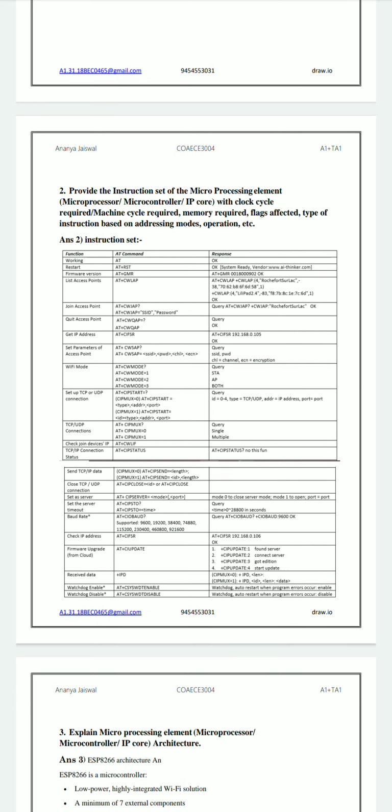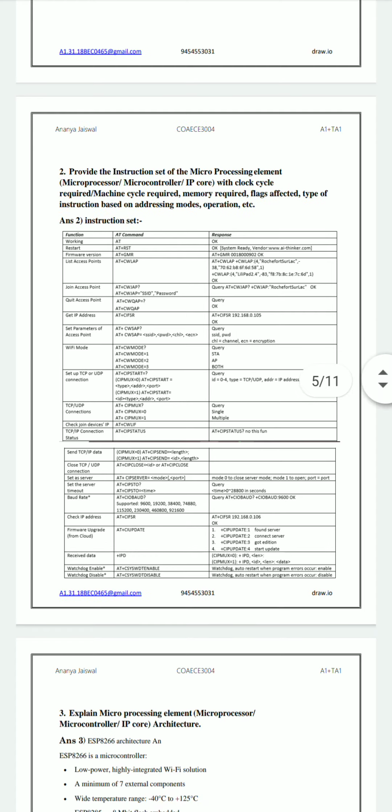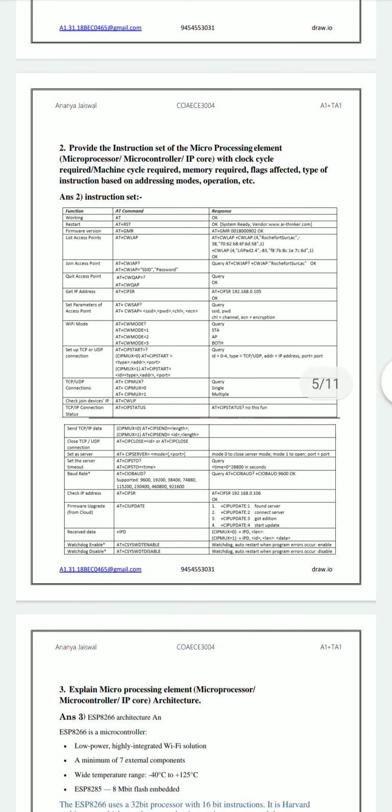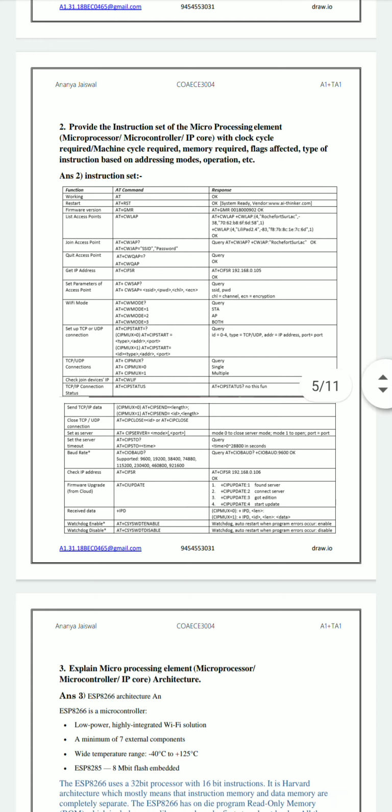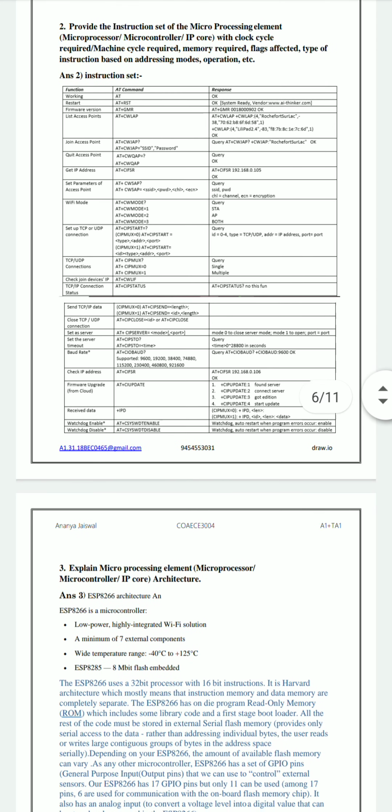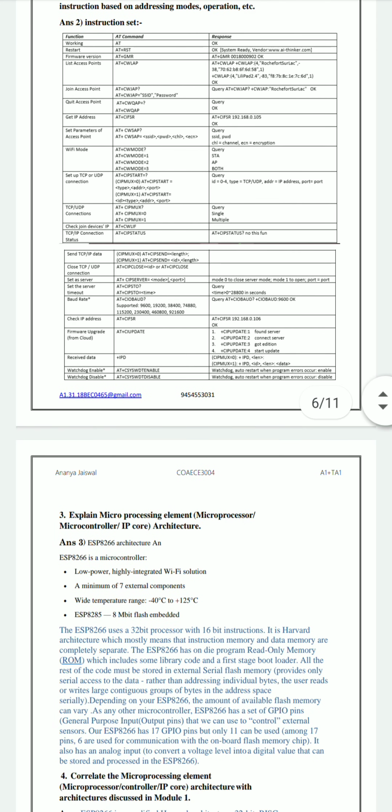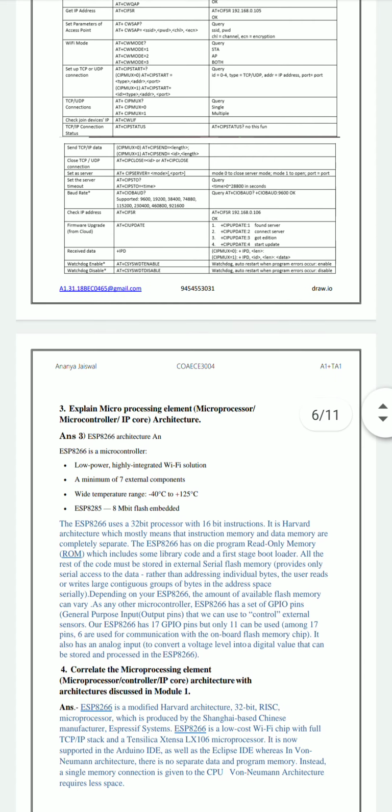Similarly, as we go through the table, we find various other functions, their following command, and how will the microcontroller react to it. And therefore, it's a request to kindly go through the entire table thoroughly for the clear understanding of the instruction set of ESP8266.